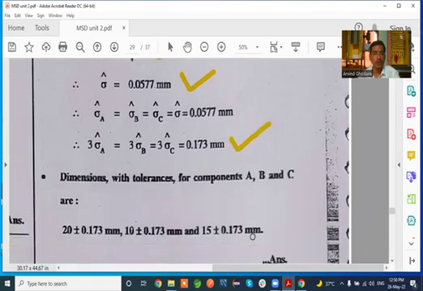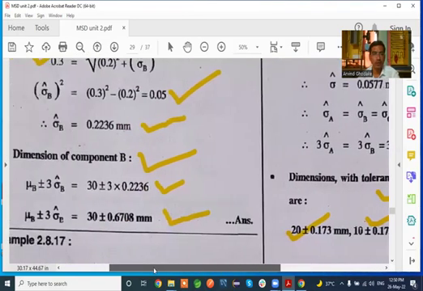So the dimensions with the tolerances for the components A, B and C are: for component A, length is 20 mm and tolerance is plus minus 0.173. For component B, length is 10 mm with the tolerance plus minus 0.173. And for component C, length is 15 mm and tolerance is plus minus 0.173 mm.